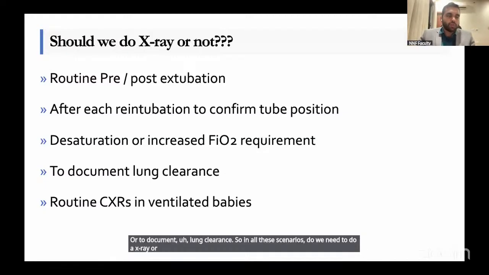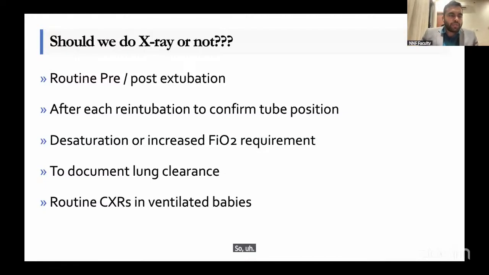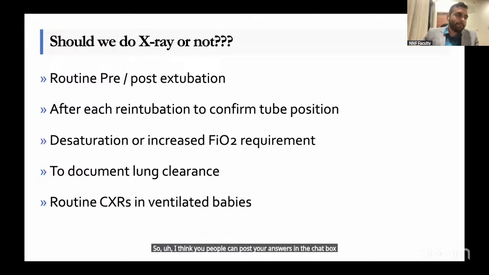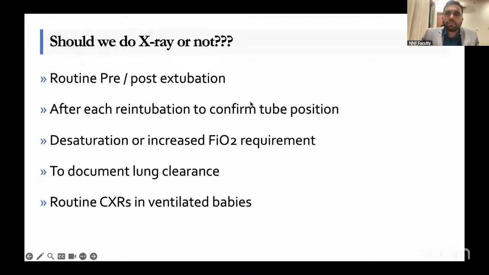That is the first question we need to answer. Is it a rule that we need to do X-rays in all cases of routine pre or post extubation or after re-intubation? I think you can post your answers in the chat box.